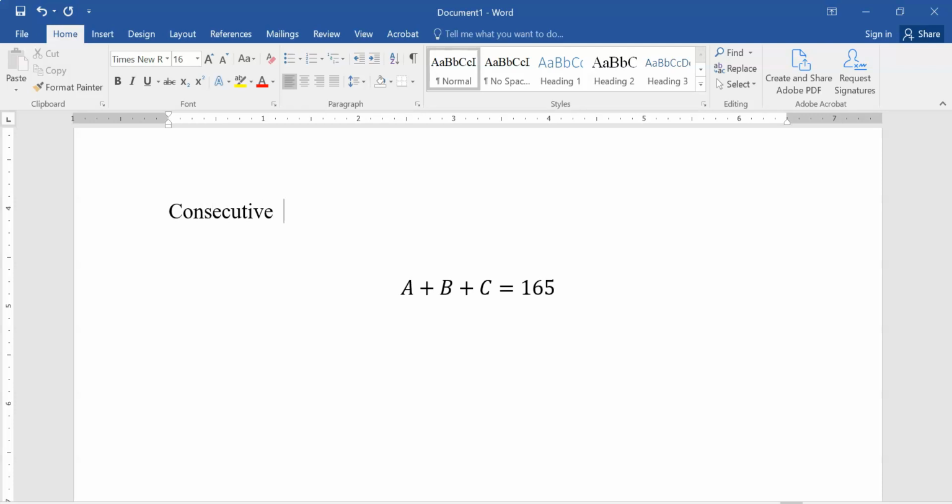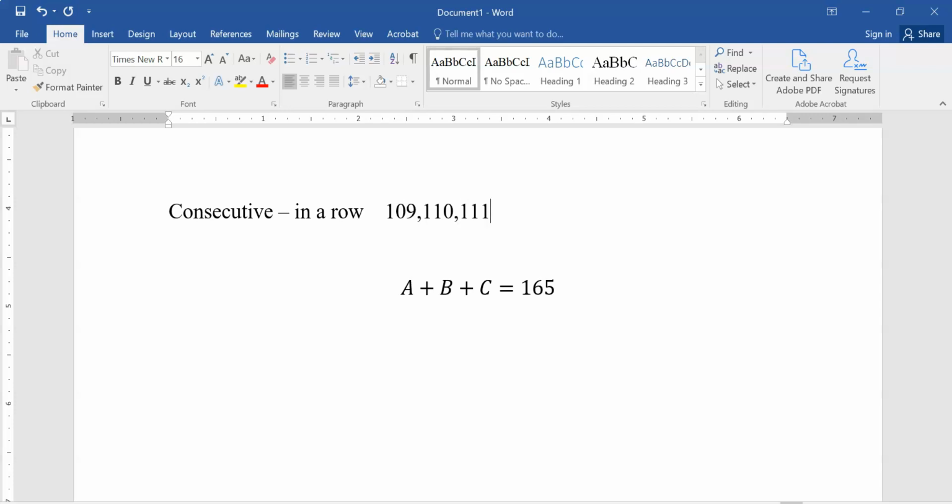Consecutive means in a row. So if I have consecutive integers, it could be 9, 10, 11. Those are three consecutive integers. Another three consecutive integers would be 34, 35, 36. Another three could be 109, 110, 111.